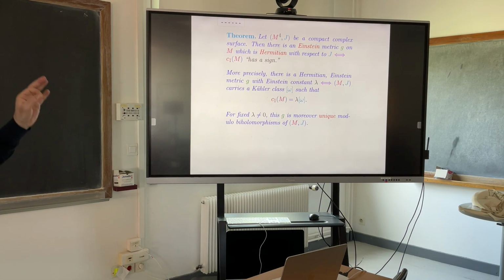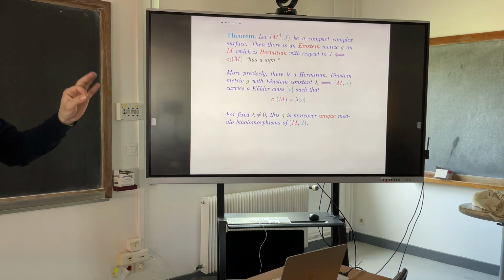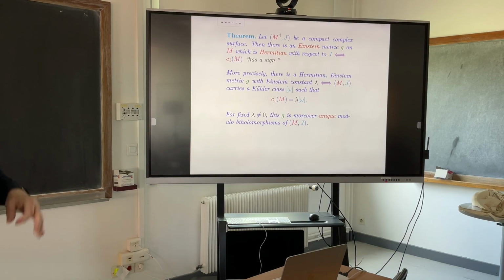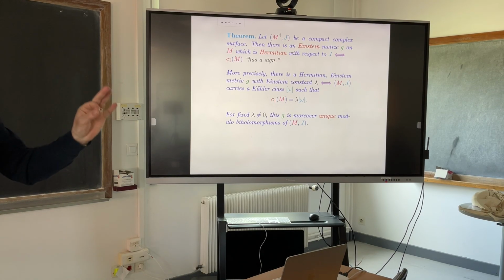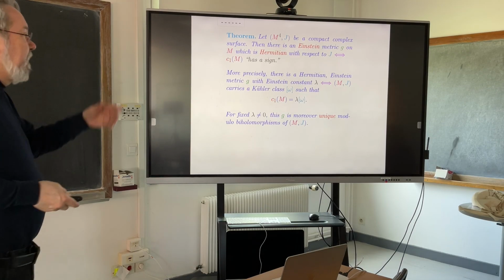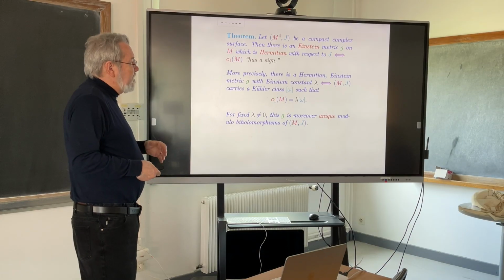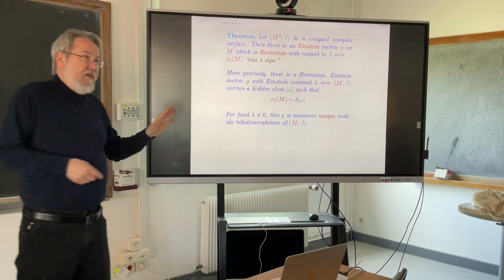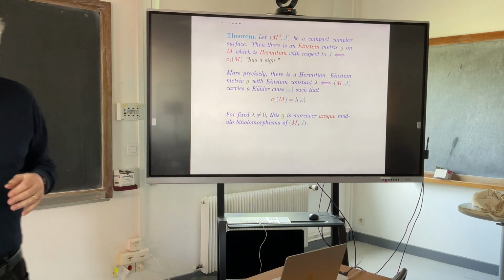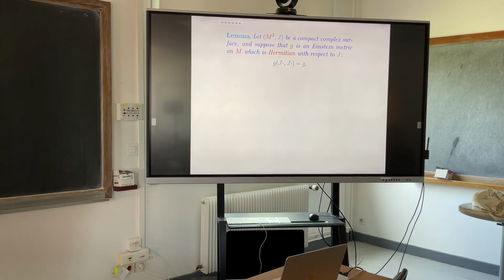If you blow up 2 points in general position in CP2, you could say I can blow up any 2 points, but by making a projective linear transformation, you can put those 2 points in any preferred position you like. There's only one complex structure in that case. So that's where the rigidity comes from. If you take CP2 blown up at 5 points, say, then there's a non-trivial moduli space of Kähler-Einstein metrics.